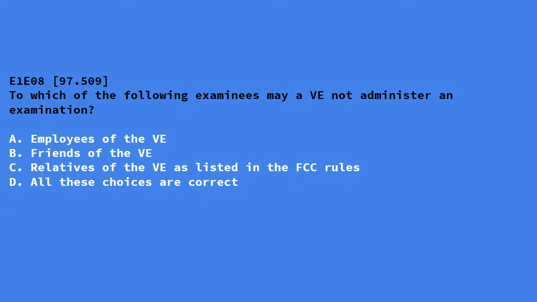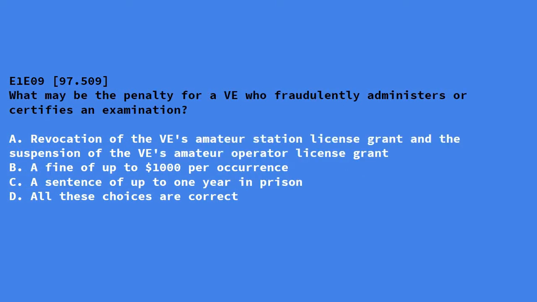E1E08, to which of the following examinees may a VE not administer an examination? Correct answer is relatives of the VE as listed in the FCC rules. E1E09, what may be the penalty for a VE who fraudulently administers or certifies an examination?